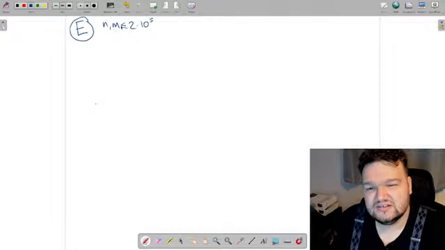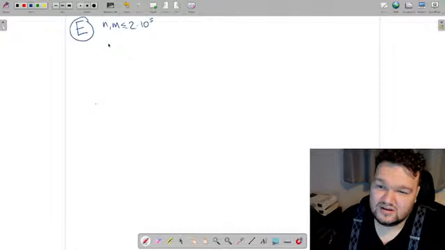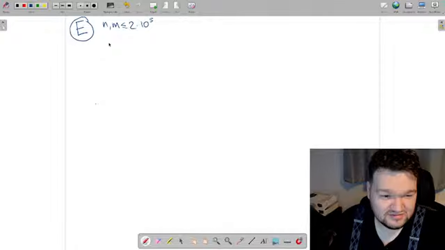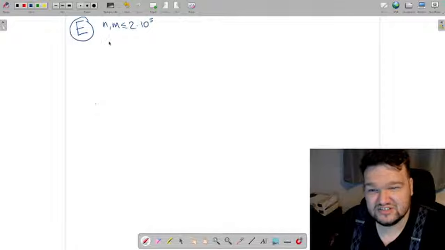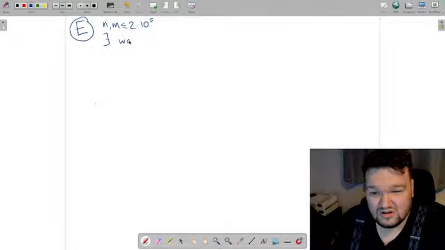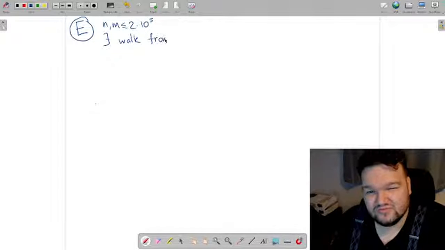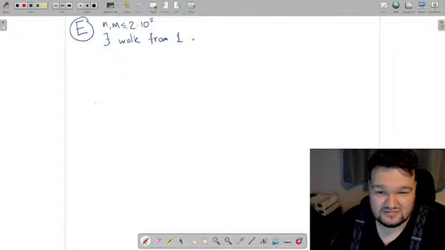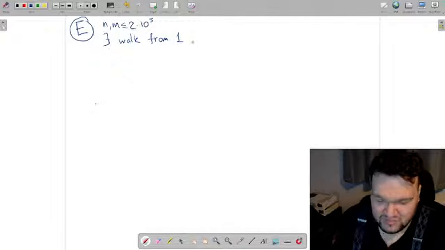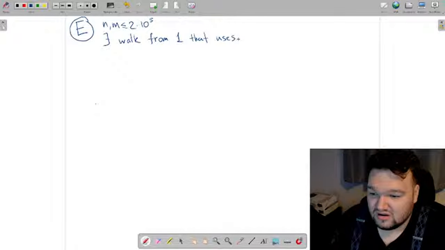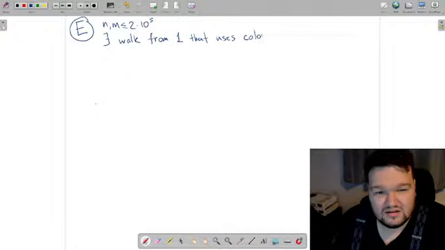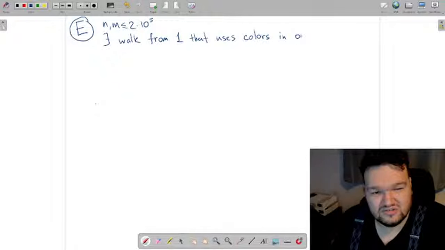We're saying that a word, a sequence of colors red and blue, is good if there exists a walk from vertex 1 that traverses the edges of corresponding colors, a walk from 1 that uses colors in the order given by the string.